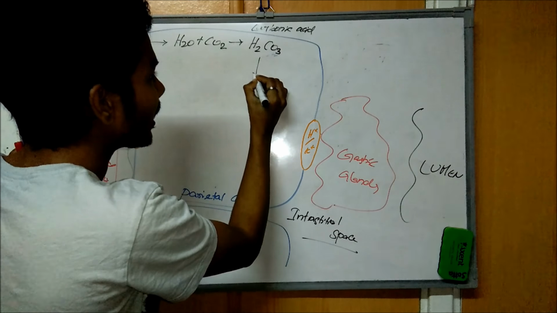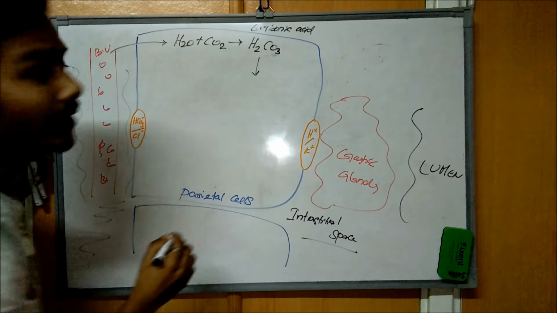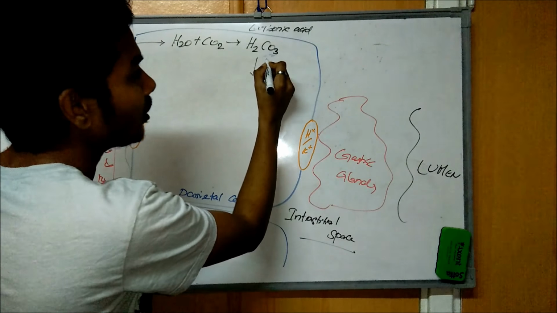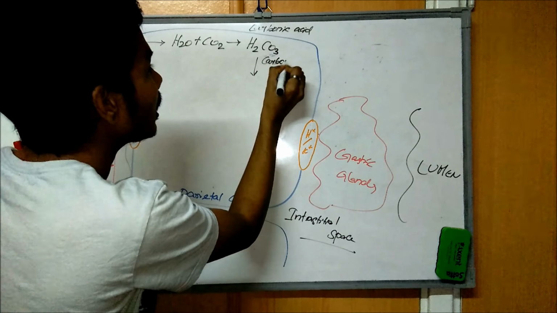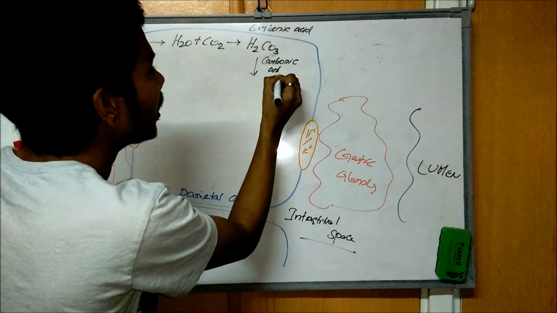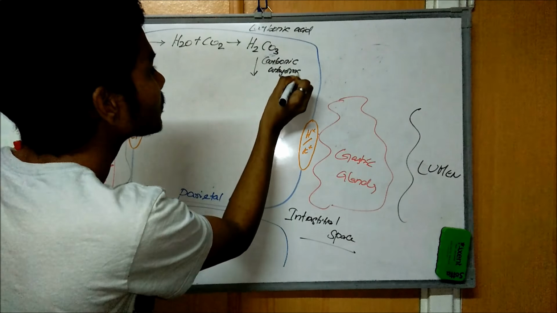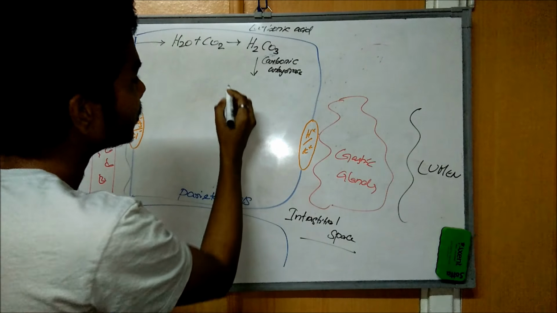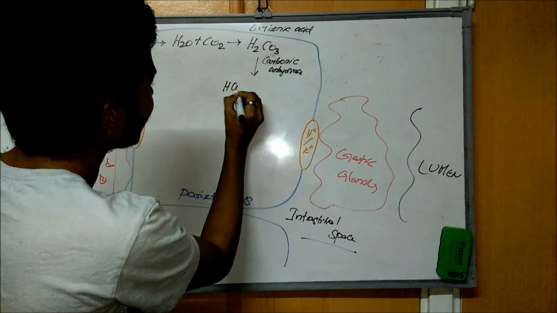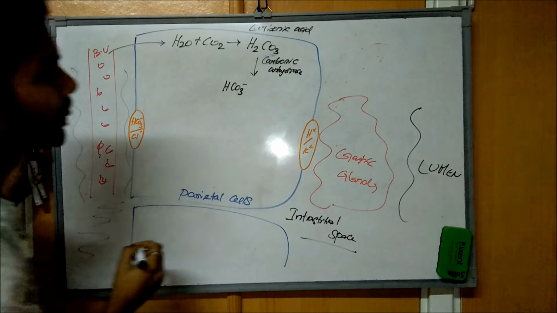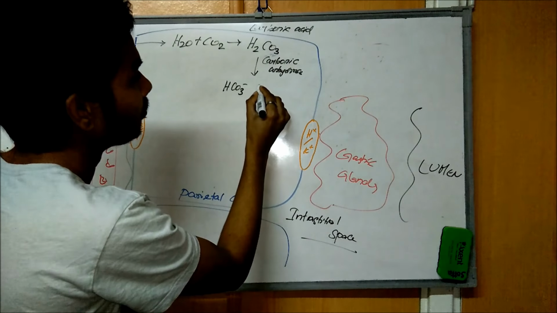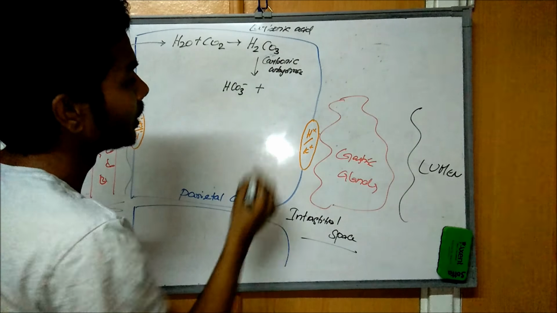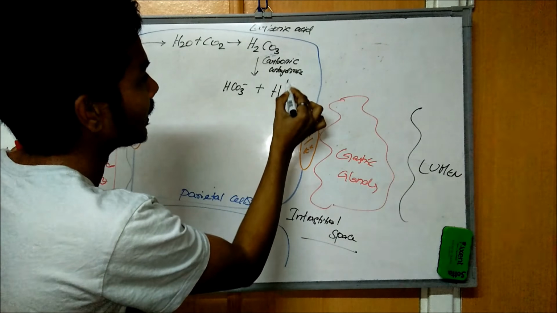And then this carbonic acid, by the help of the enzyme called carbonic anhydrase, is split into hydrogen carbonate plus hydrogen.